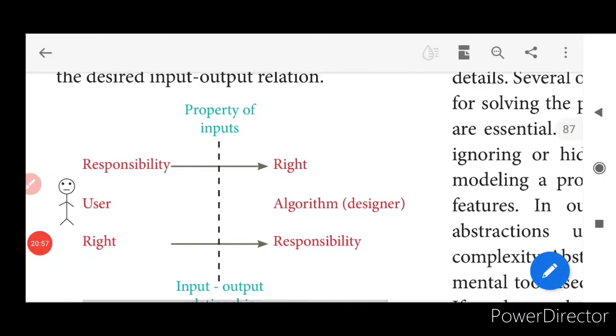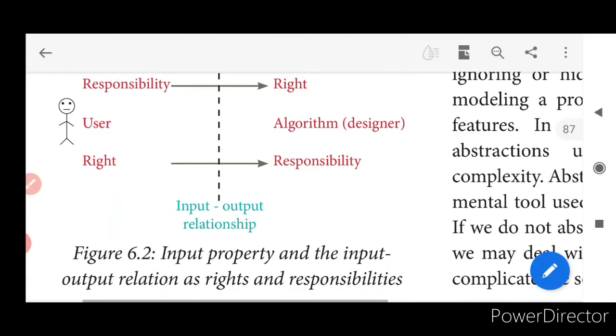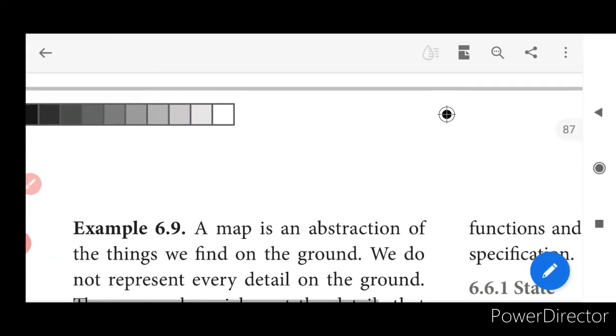So, properties of inputs are the responsibility of the user, and then only can the designer make the algorithm right. If the user makes the inputs correct, the output will be perfect. Clear, children?